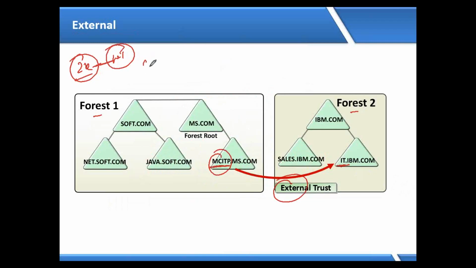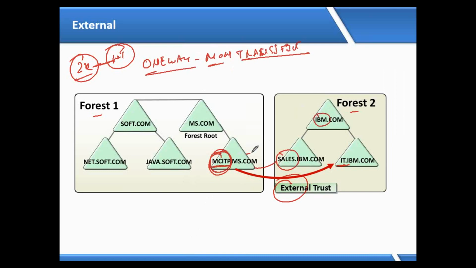External trust is a one-way non-transitive trust. Now what is this one-way non-transitive trust? The same user of MCITP wants to log in from sales. He cannot log in. I have to configure one more trust here. The same user of MCITP wants to log into IBM.